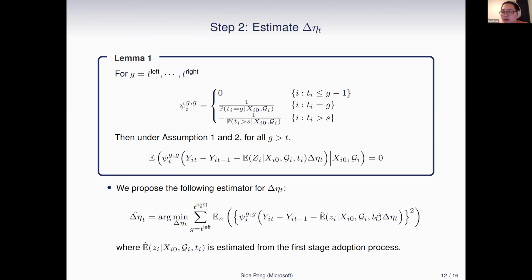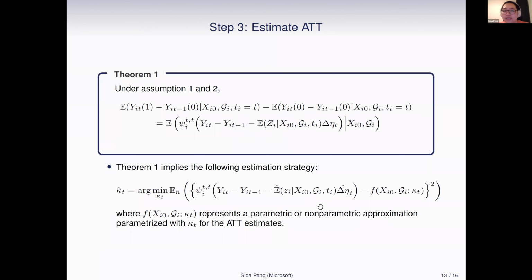After having the delta eta t, we use it to construct our ATT estimates. It's the same as the previous procedure, except that now we are computing exactly when Ti equals t, with a similar weight. It's also a similar least squares estimate, except that we now have the delta eta t plugged in from stage 2.